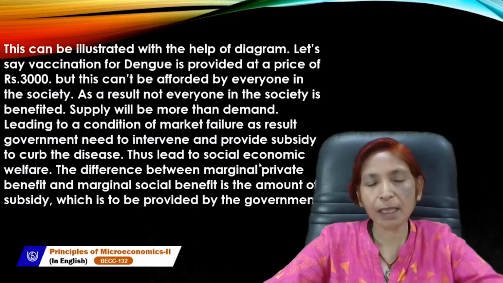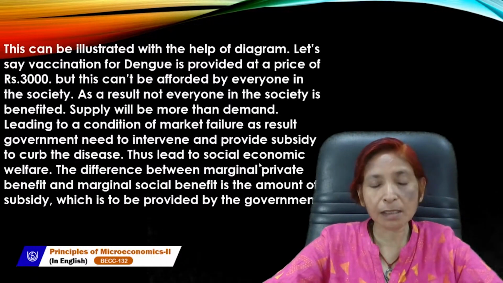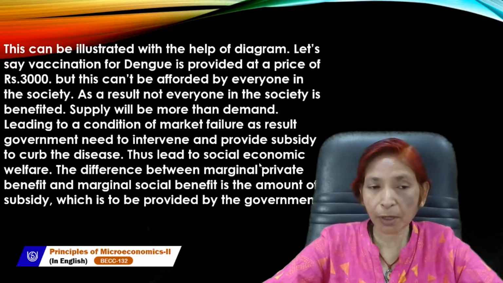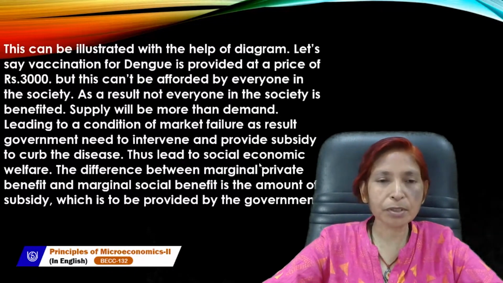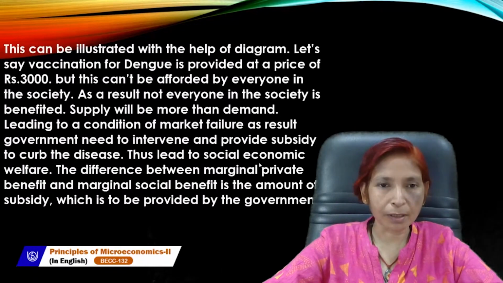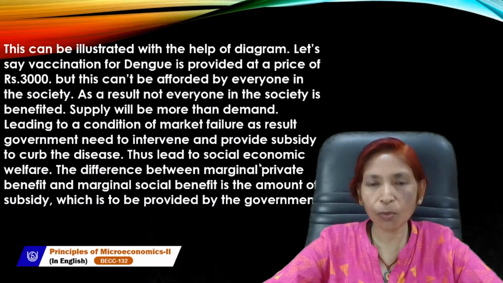As you have seen during the corona pandemic, the government provided free vaccination to everyone. That is an example of positive externality. If the action of the government affects others in a positive way, that is positive externality. Here we have taken the example of vaccination for dengue.